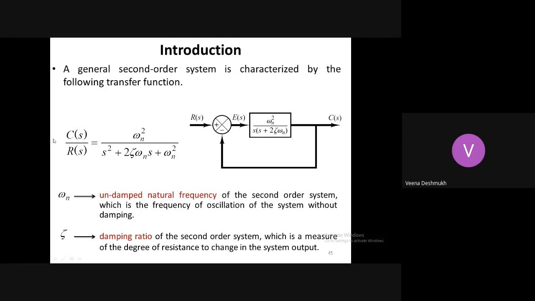So basically the transfer function G of S can be represented as Y of S divided by X of S or C of S divided by R of S. And when you simplify, it gives you this equation: omega n square divided by s square plus 2 zeta omega n s plus omega n square. That is in terms of the natural frequency omega n and damping ratio zeta.